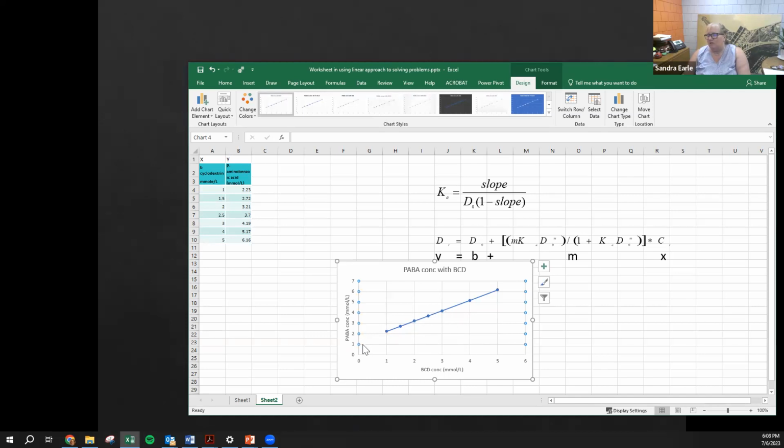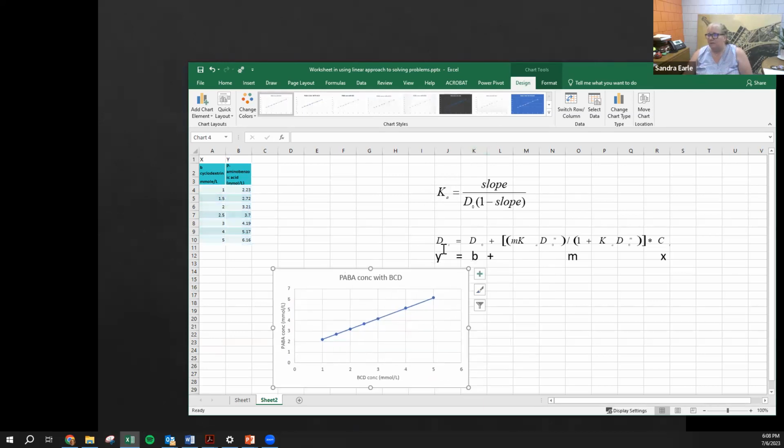So now what we want to do is figure out what our innate solubility is. So what's the concentration of PABA when there's no drug in there? And we also want to know the slope of this line, because by using those two things together, we can determine the affinity constant, can't we? So just to remind us, this is the equation that we're using, and we're also going to want to find the Ka.